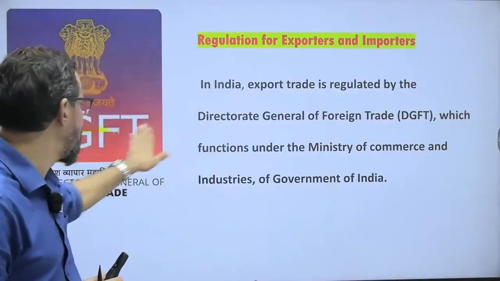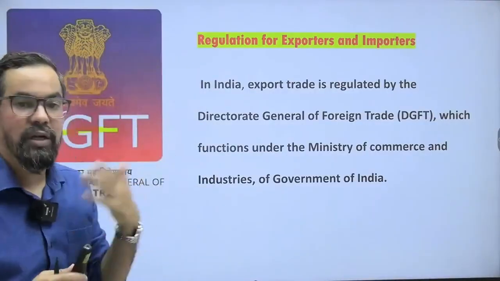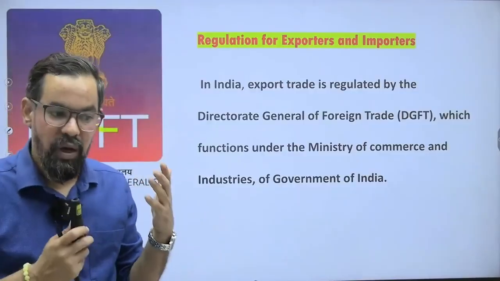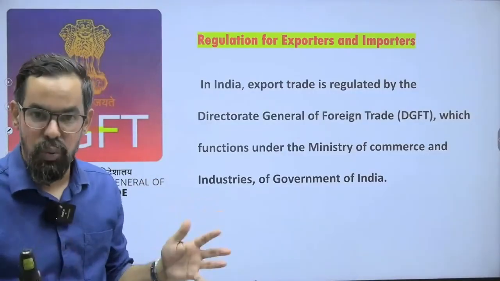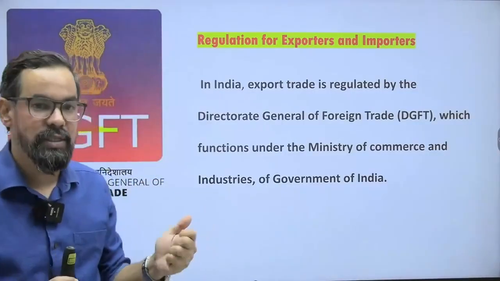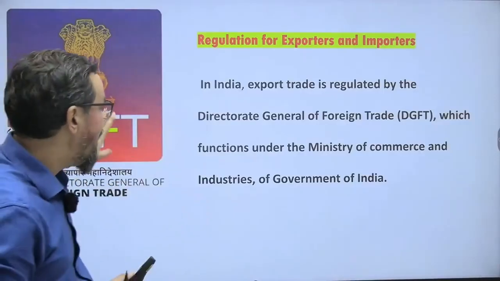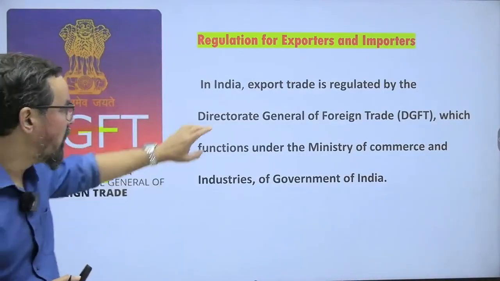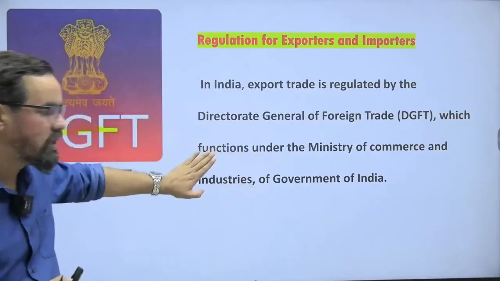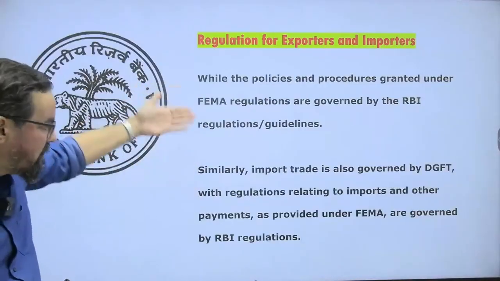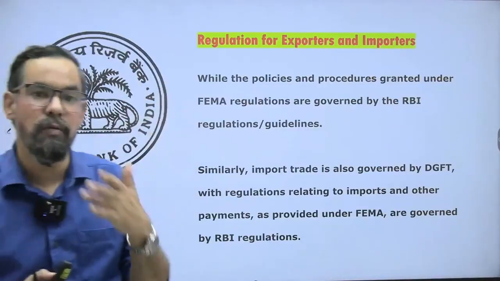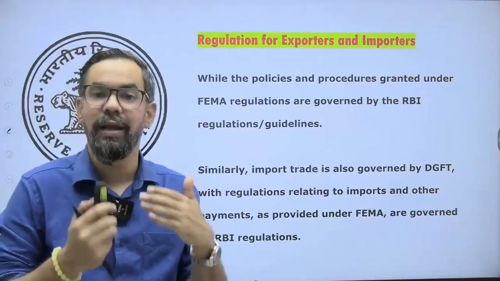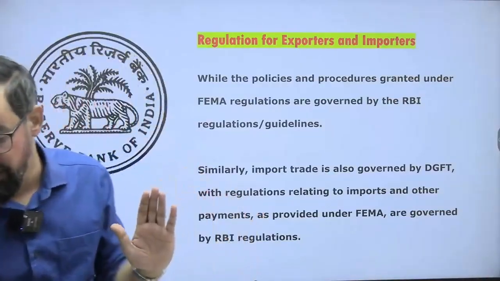So DGFT is generally responsible for deciding India's trade policy, your EXIM policy, basically import-export policy, and DGFT generally works under your Ministry of Commerce and Industry, Government of India. RBI is responsible for the documentation part and currency part in this particular portion itself.